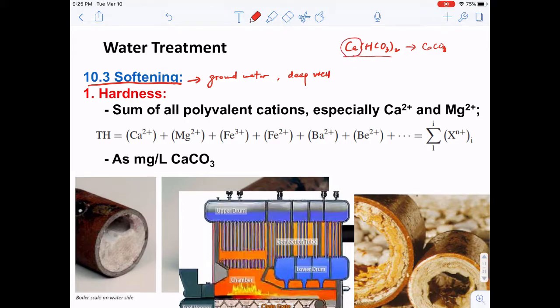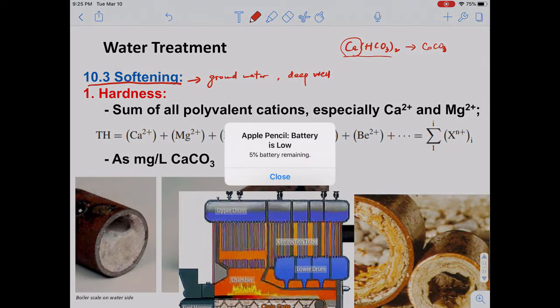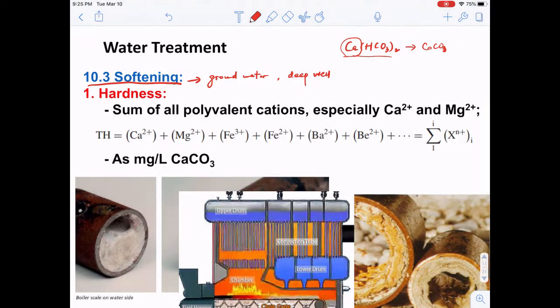And because of these ions, when we use soap to wash our hands, this higher concentration of metals is not going to foam the soap easily. So this is also another feature for observing whether the water is hard or not.